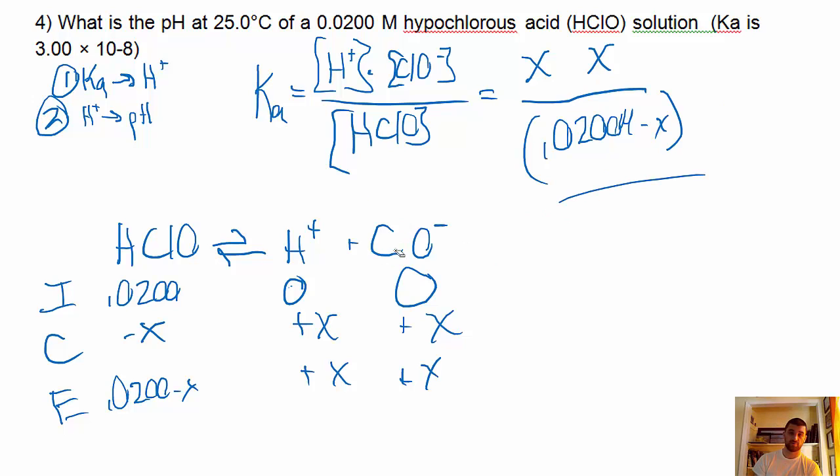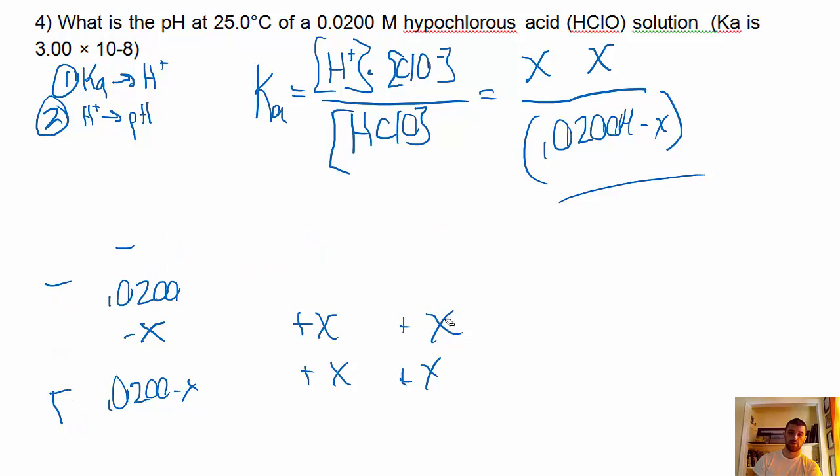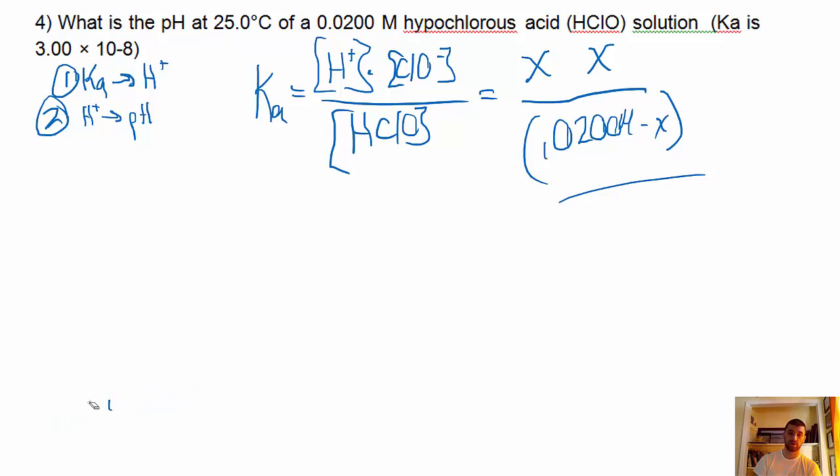All right, now I need some room for work, so I'm going to erase. So now how am I going to use this information to solve for X? You're going to distribute, and you're going to get a quadratic equation. You're going to use that to solve for X. So when I do all this out and combine like terms, I'm going to cheat a little bit.